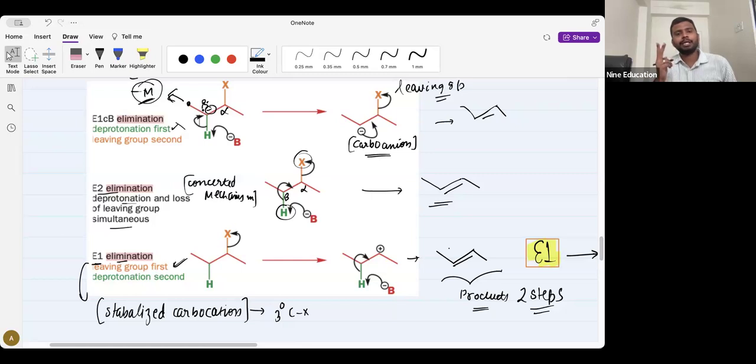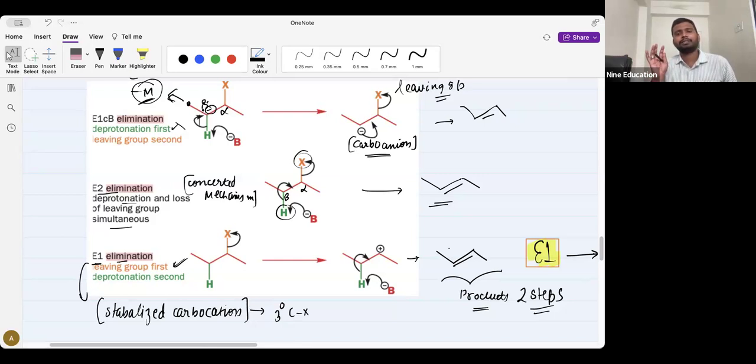Second thing you have to check: if you are removing the halogen, whether that carbocation is stable or not. If it is 3 degree, allylic, benzylic, alpha halo substituted, these all are stabilized, so it will go for E1 elimination. If it is not E1CB, not E1, and not a stable carbocation, then you can go for E2 elimination.